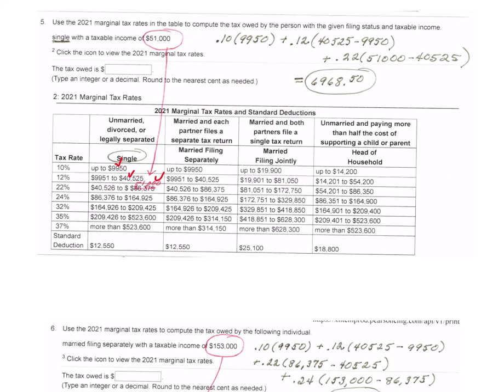All right. Question number 5 has us focus on using the marginal tax rate, this table. Honestly, most people use software which has this built into it, so you don't have to do this.